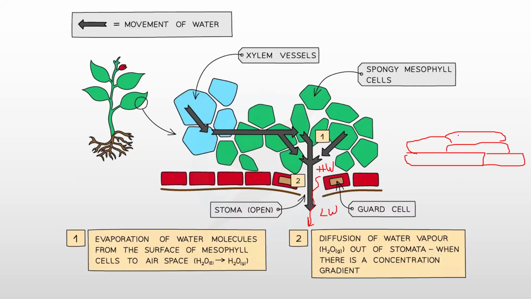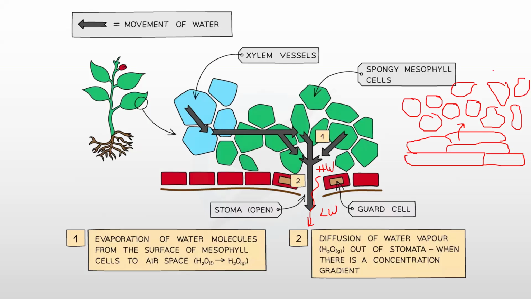Now this water will be lost from the palisade mesophyll into which cells? Which cells would the water be transported to from palisade mesophyll cells?